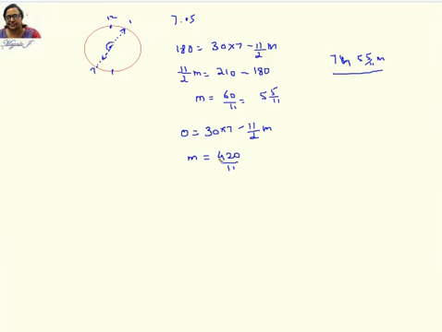So what is 420 by 11? 33, balance 9, 90 is 8, balance is 2 by 11. So both will be coinciding here in one line at 7 hours and 38, 2 by 11 minutes.